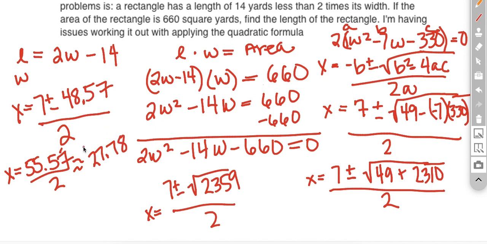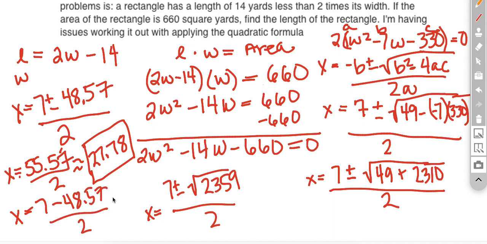Okay, so then I get that x, or w, I should have been calling it w, is equal to 27.78. And why do I know it's that and not the other one? Because if I said 7 minus 48.57, that is going to give me a negative number, and that doesn't work for the width or length.